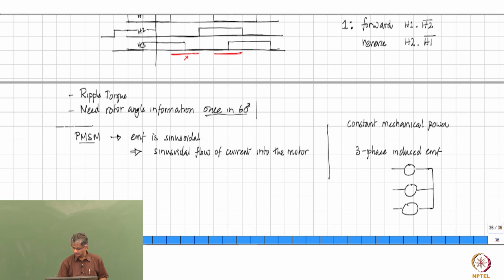Let us say they are connected at one end, and these are EMF sources.